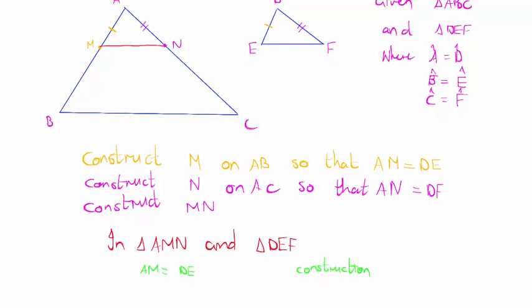Okay? Then also AN is equal to DF. Why is AN equal to DF? Same reason, construction. I constructed it like that. We constructed it.